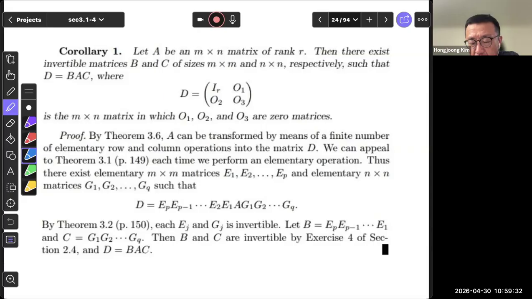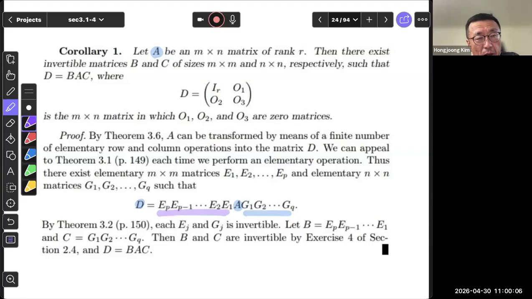So given A, if I perform elementary row operations or column operations, in other words, if I am given this A, if I multiply some elementary matrices from the left and some elementary matrices from the right, you get D matrix. Okay. Now, as I said, this E1 up to EP, they are all invertible matrices.